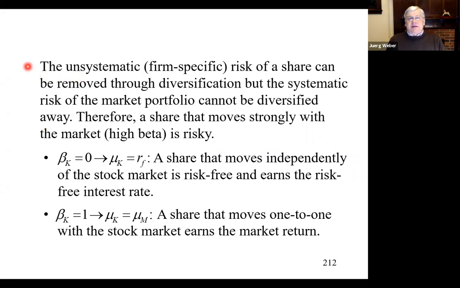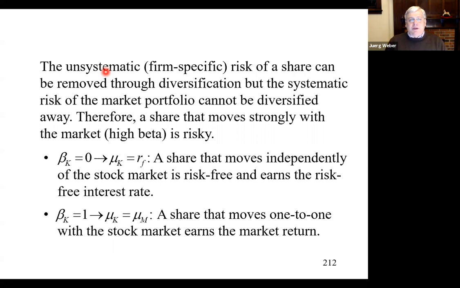In the capital asset pricing model, we distinguish between unsystematic risk and systematic risk. Unsystematic risk is a firm-specific risk that can be diversified away by buying a lot of different shares.